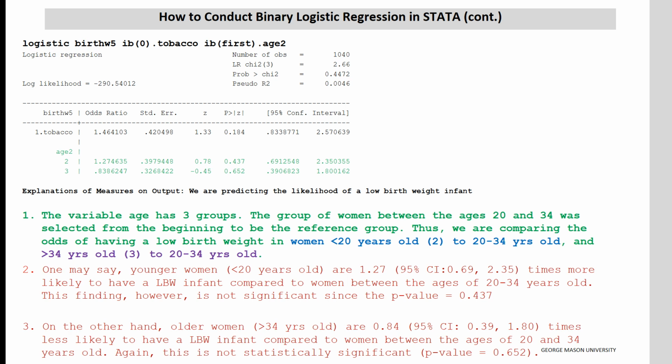So if you obtain a confidence interval that is very wide, for instance, a very wide confidence interval for 1.27 might be going from 0.69 to, let's say, 30.5, that is a very wide confidence interval, and it might indicate issues with the cell size for this particular independent variable relative to the dependent.